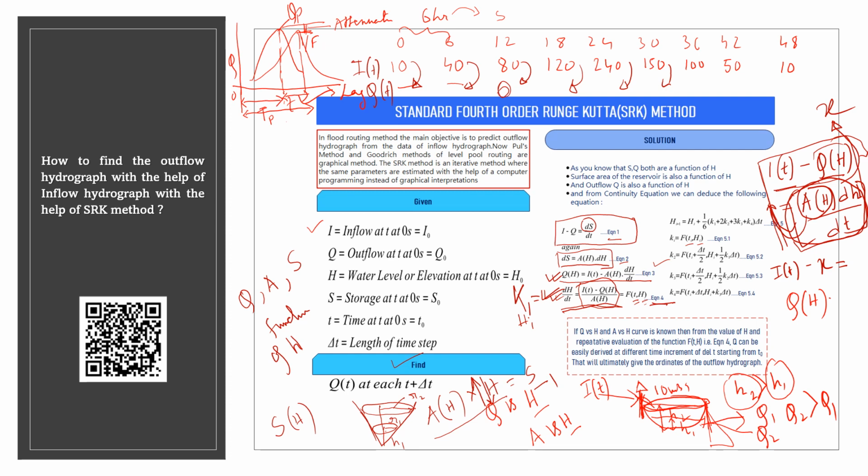And the dependent functions Q and area, surface area A, will be a function of water elevation, Hi, but now Hi has been changed to Hi plus half k subscript 1 multiplied by del t. And what is this k subscript 1? It is equation 5.1, or this one.